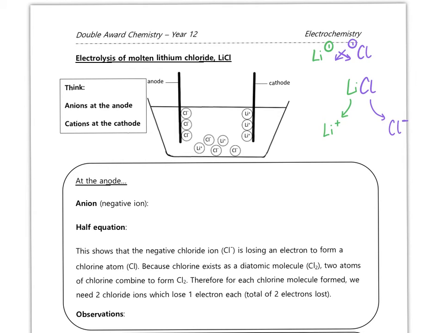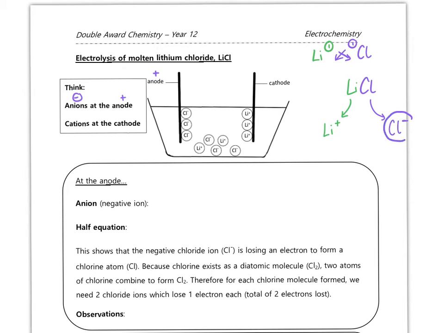So our half equations will be a little bit easier here as well. So what we want to think about is what's happening at each of our electrodes. So remember, first of all, we'll look at the anode. The anode is positive, and so that means our anions will be attracted to the anode. Which is our anion in this case?